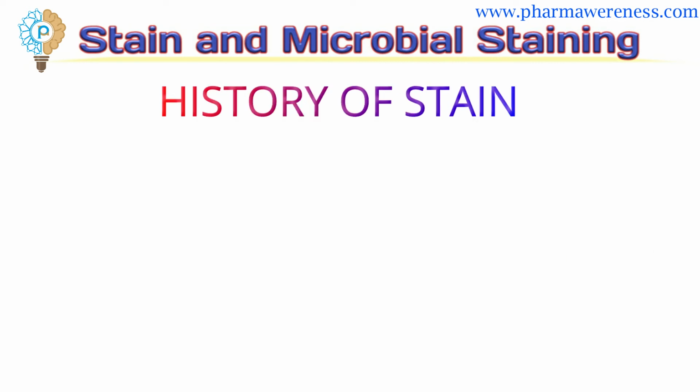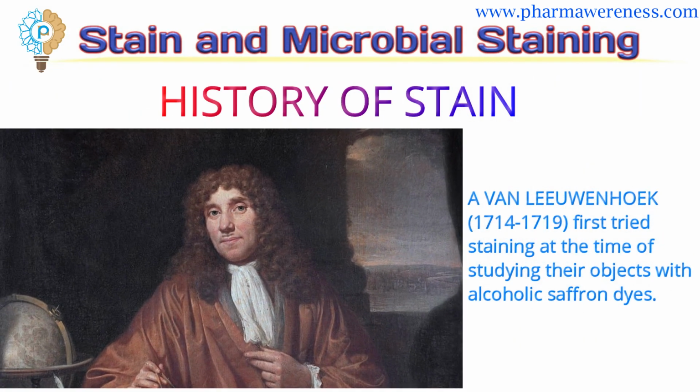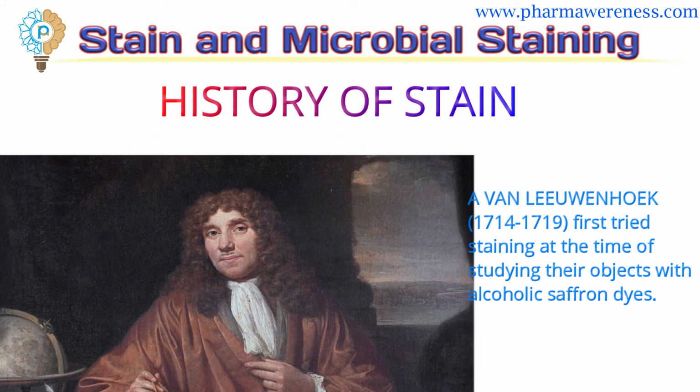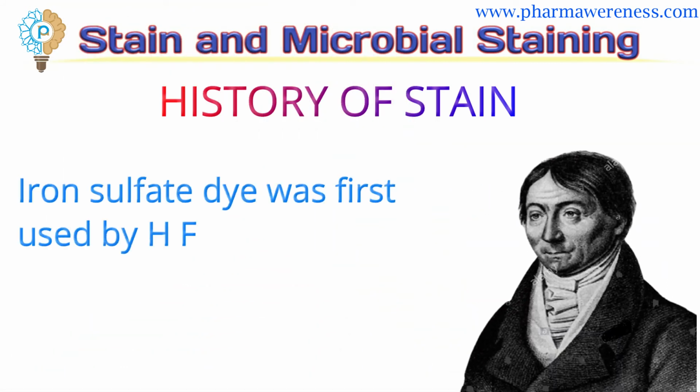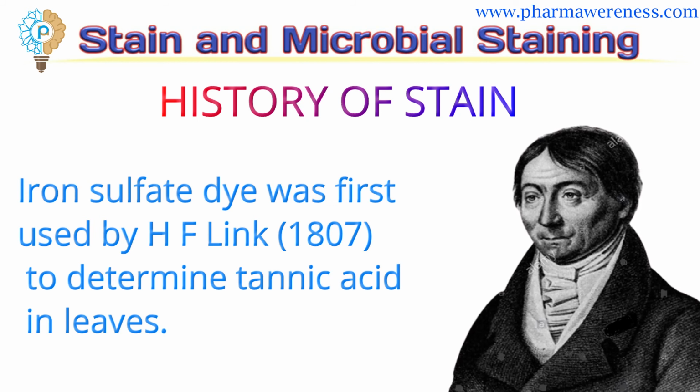You know what is the history of the stain? Van Leeuwenhoek, in the years 1714 to 1719, first tried staining at the time of studying his objects with alcoholic saffron dyes. Second, iron sulfate dye was first used by H.F. Link to determine tannic acid in the leaves.